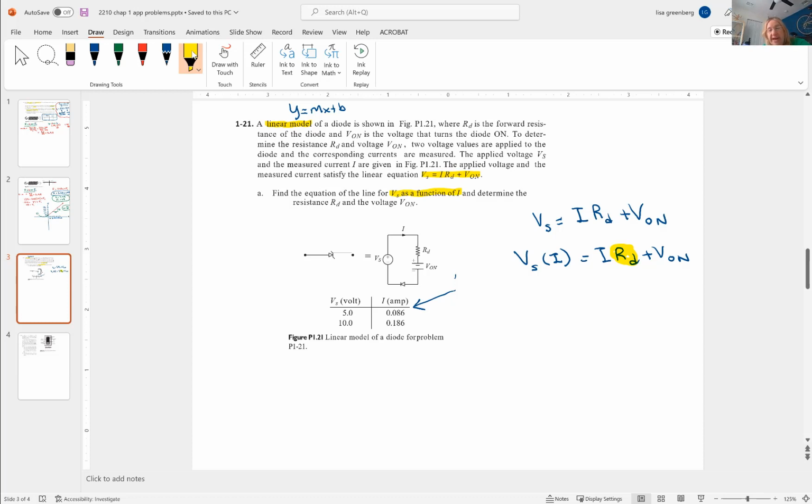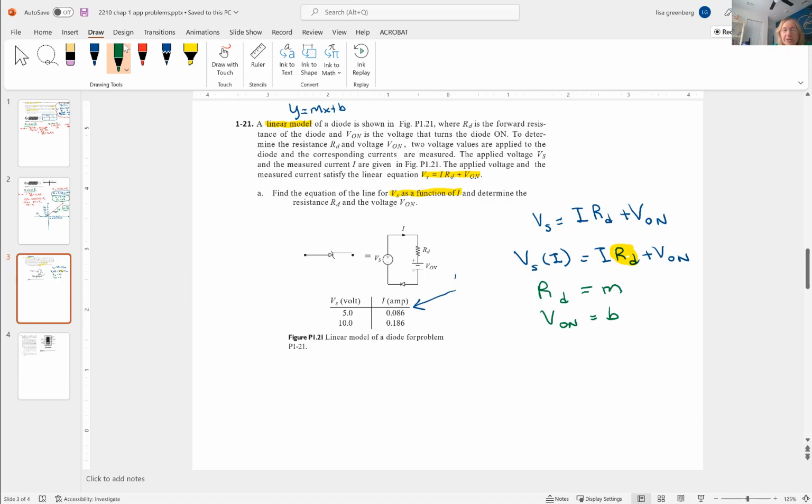But we don't have an x, we have I as our independent variable, but m has got to be R sub D. So R sub D is the same as the slope, and V on must be the same as the y-intercept, because it's a constant with no variable next to it. And that still mimics y equals mx plus b.